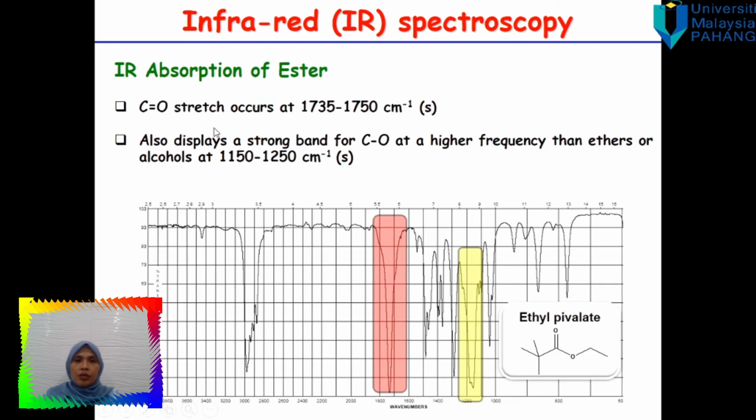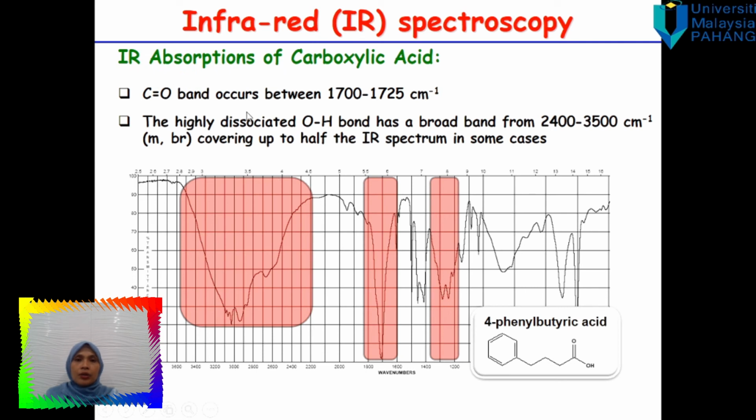and the C=O for the ester is at 1735 to 1750. It displays C-O at higher frequency than ether or alcohol, at 1150 and 1250. For carboxylic acid, C=O occurs between 1700 and 1725 but has a broad band of OH between 2400 and 3500, medium or broad.